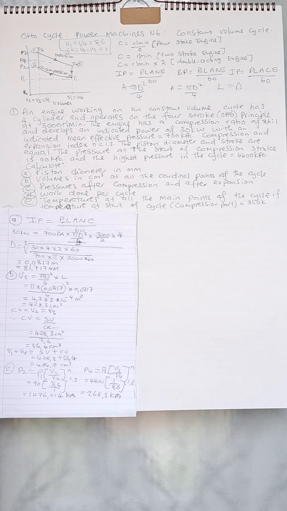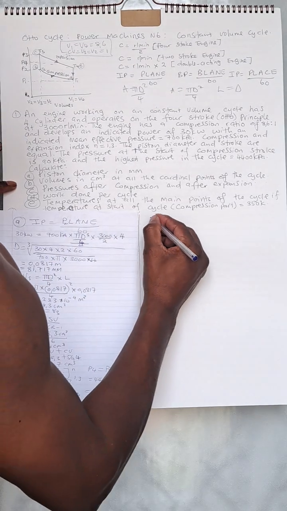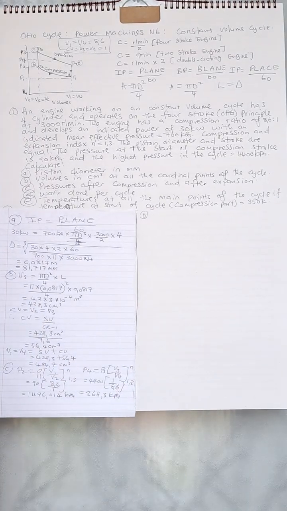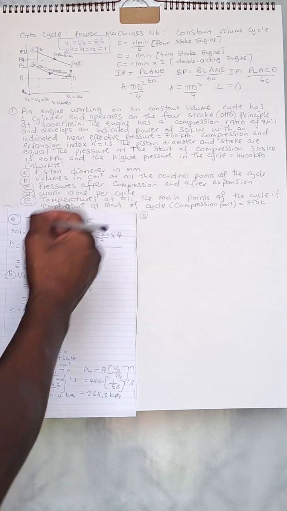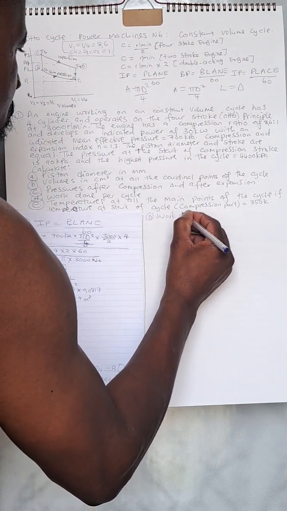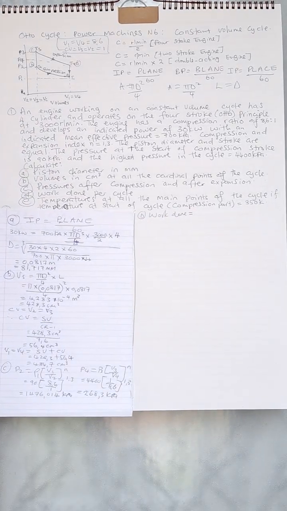Where do we need to go to? We need to go to number D. For number D, what are they saying? We must look for the work done per cycle. So we need to calculate our work done per cycle. Which formulas can we use? We have a number of formulas.